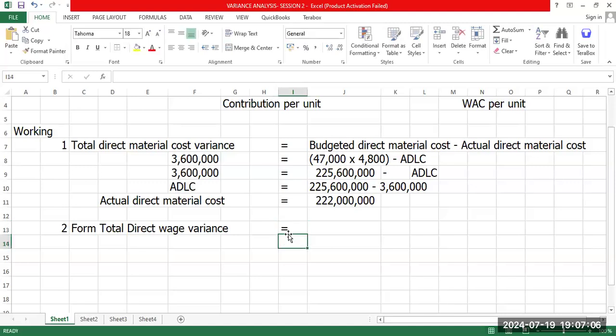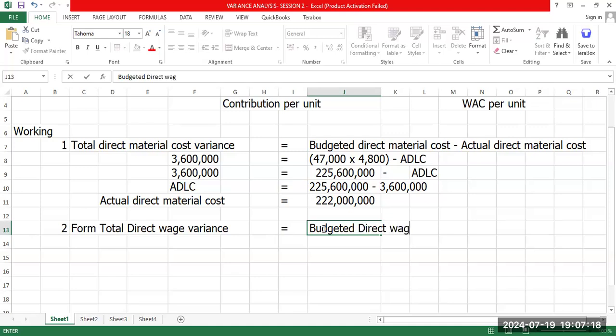It is equal to the budgeted direct wages. Then I subtract actual direct wages.